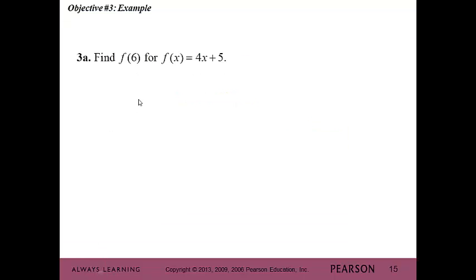Now let's find f of 6. This time our function is f of x equals 4x plus 5. Well, again, f of 6 means everywhere we see an x, we're going to have to put a 6. So here we have 24 plus 5, which is 29.